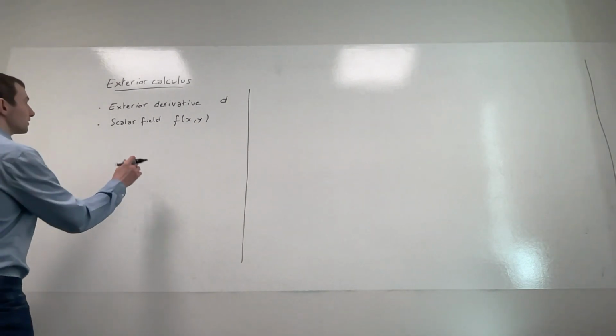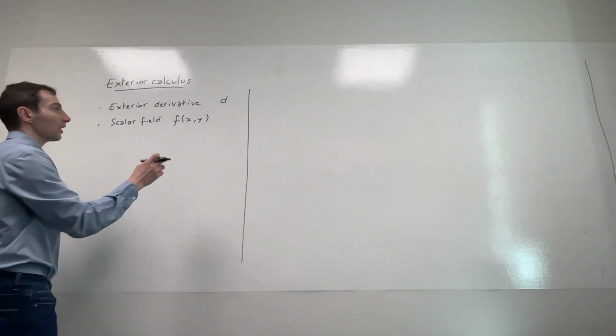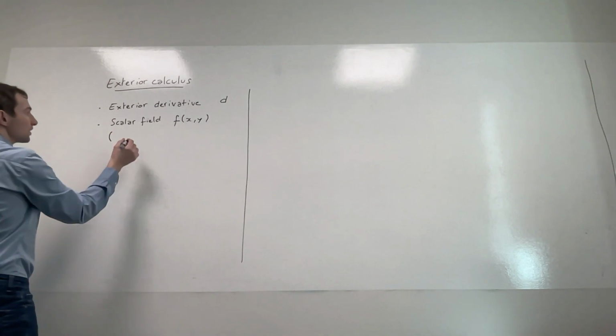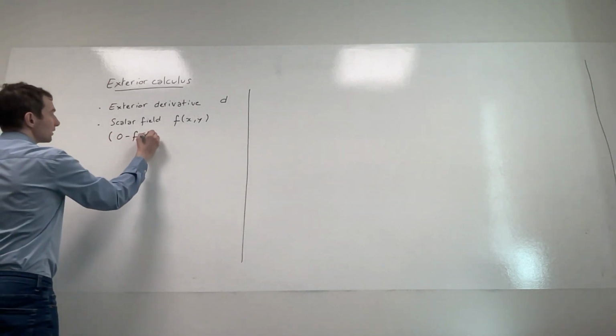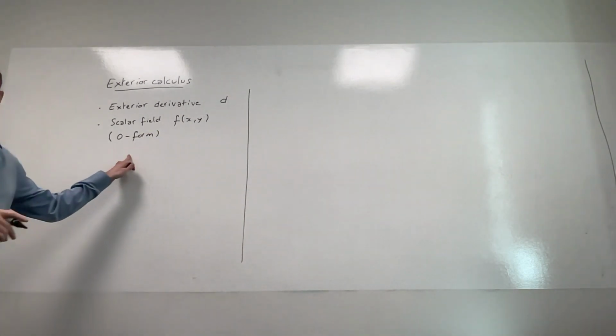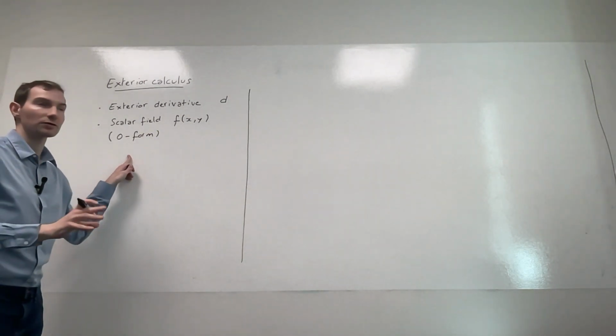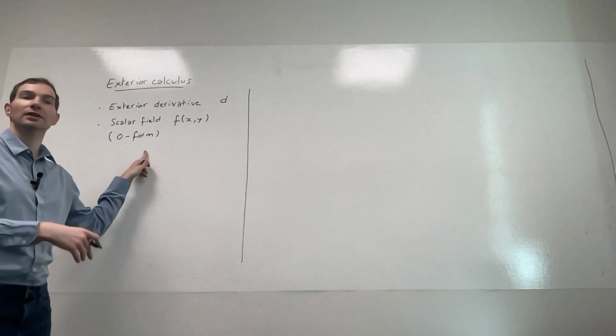By the way, a scalar field is sometimes called a zero form. That's going to be useful if you do differential geometry and so on.